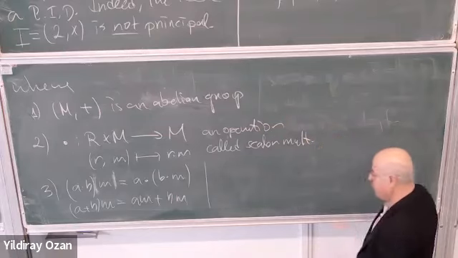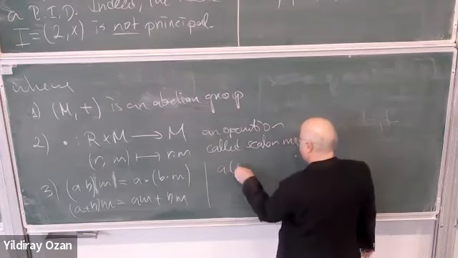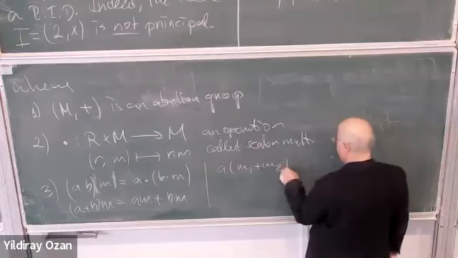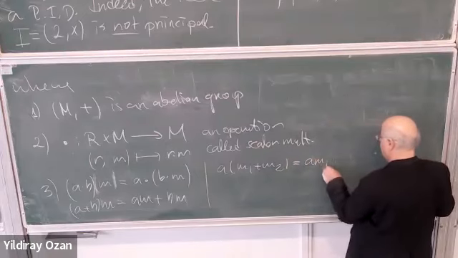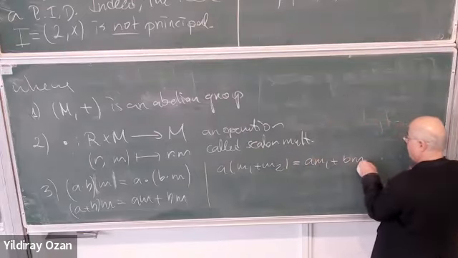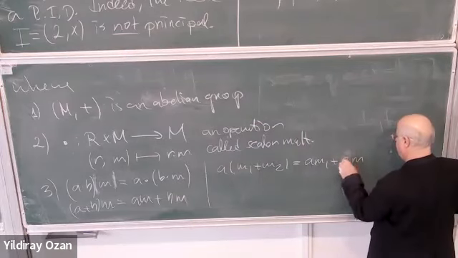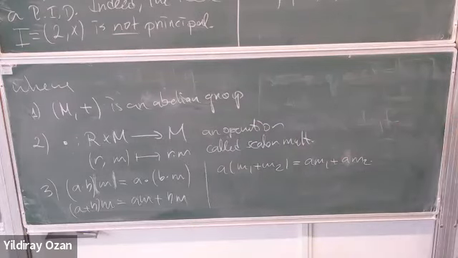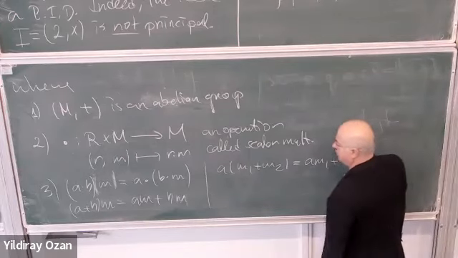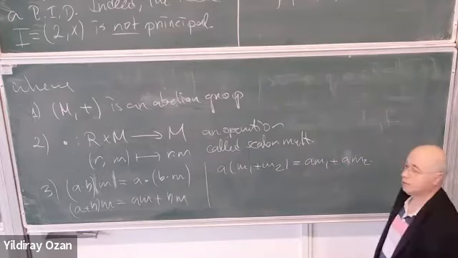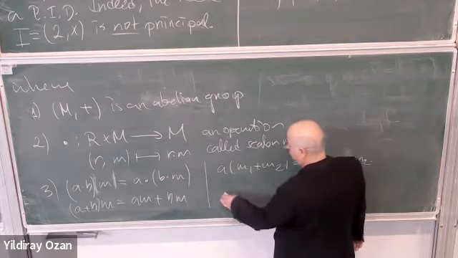Başka ne var? a(m1 + m2) = am1 + am2. Başka şey de kabul edelim: unitary modül olsun.